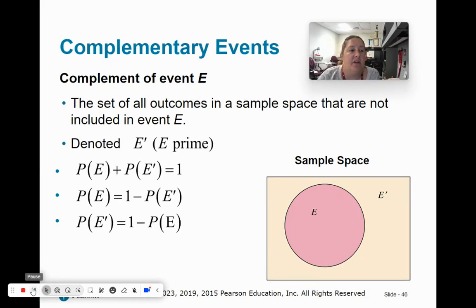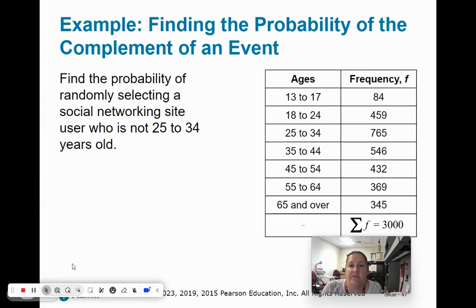So the complement of an event is denoted as E prime, or E with an apostrophe, and it's assumed that an event happening and the complement to that, so the event not happening, will always add to be 100%, or 1. Let's use it from that last example. Let's find the probability selecting a social networking site user who's not 25 to 34.